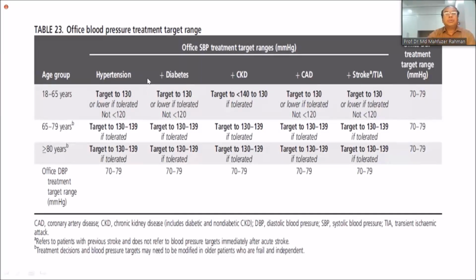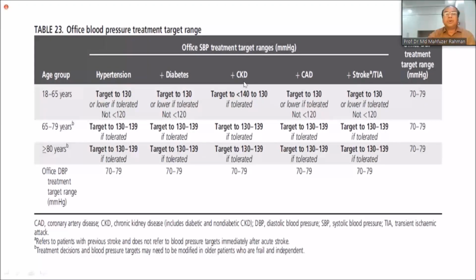In office blood pressure measurement, in the age group 18 to 65 years, target is 130 or lower if tolerated, but not less than 120. If the patient is having diabetes, target 130 or lower if tolerated, but not less than 120.